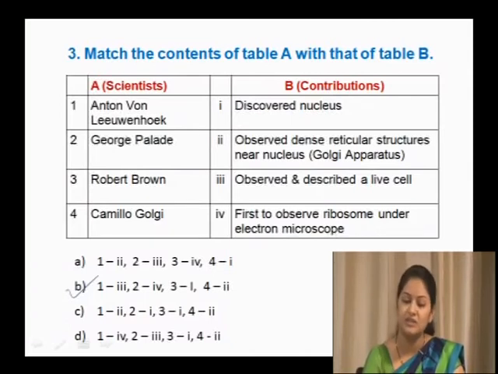And the contents of table B are: discovered nucleus; second, observed dense reticular structures near the nucleus, referred to as Golgi apparatus; third, observed and described a live cell; and fourth, first to observe ribosome under electron microscope.